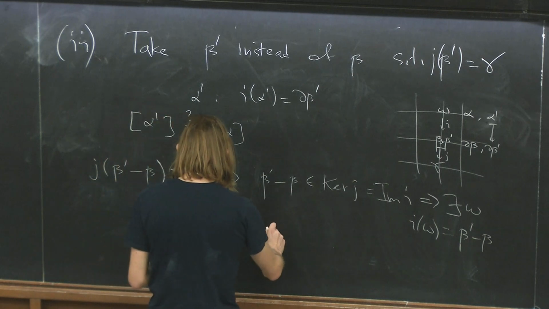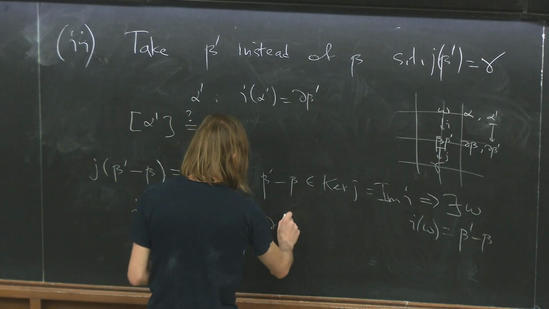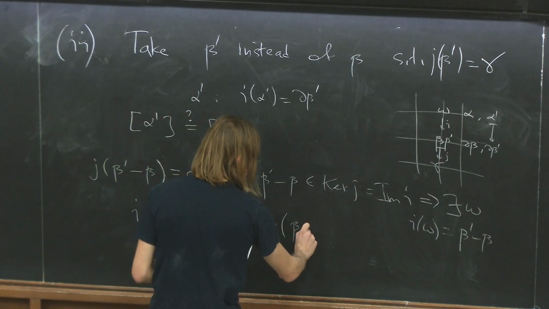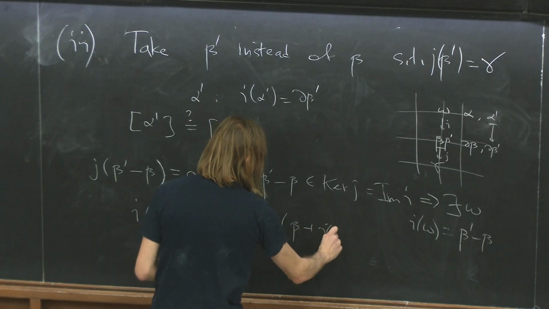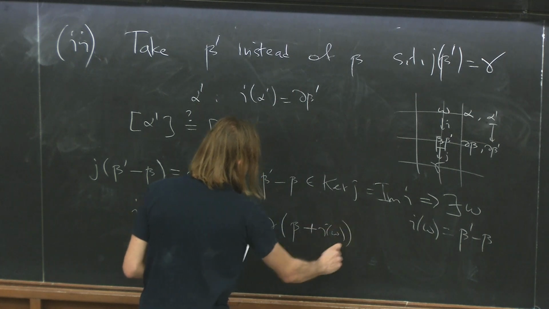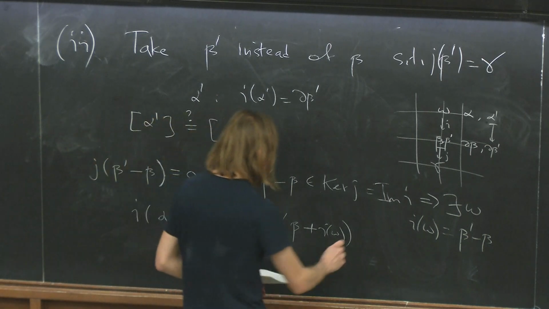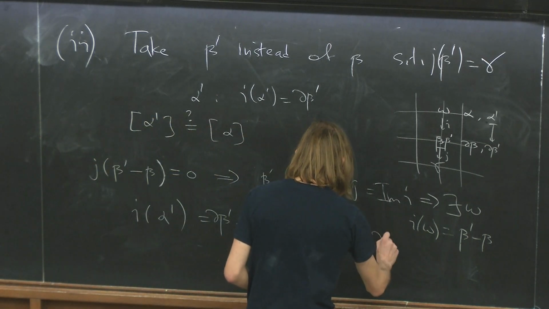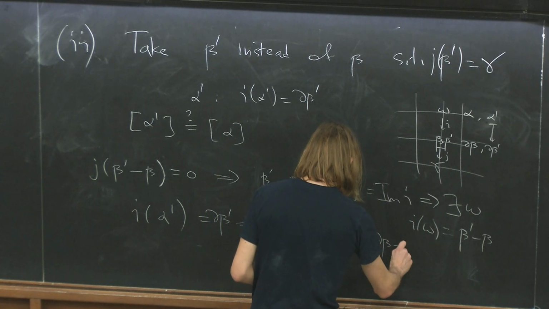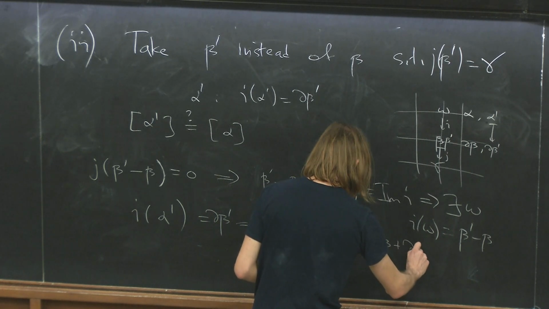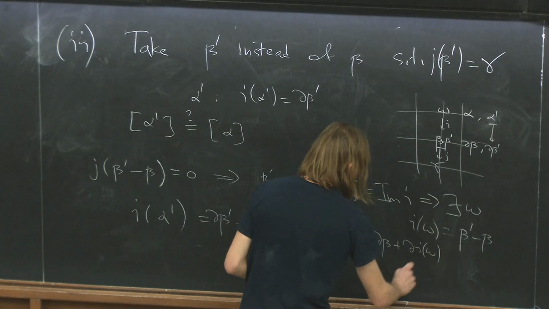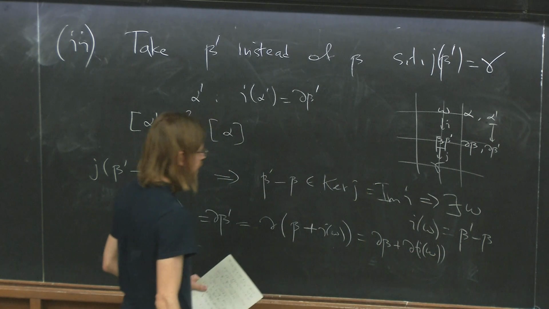So d of beta prime is the same as d of beta plus I omega. This I omega is the difference between beta prime and beta, which we constructed. And then we use linearity. This is d of beta plus d of I omega.